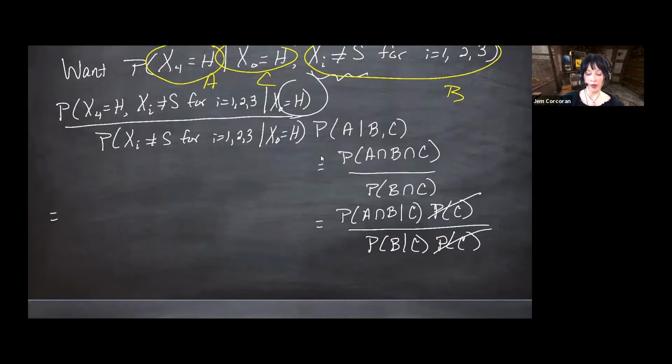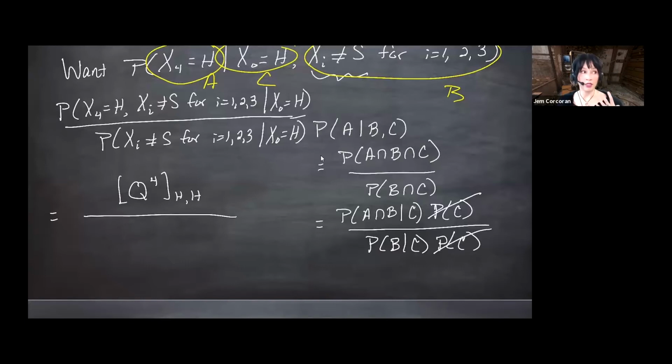So that's the probability of going from happy to happy in 4 time steps, never having passed through sad, which is the same thing as going from happy to happy in 4 steps in our Q matrix, because the Q matrix is ruling out that we went through sad, because if we went through sad, we cannot make it back to happy. And then the denominator is what we had before.